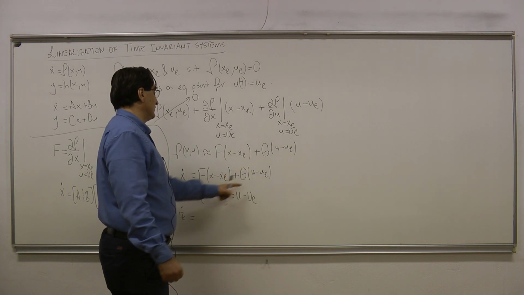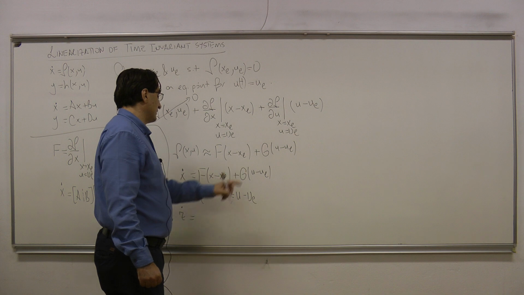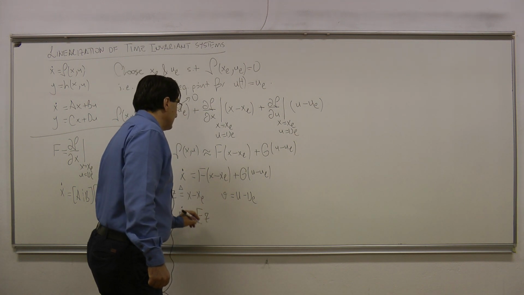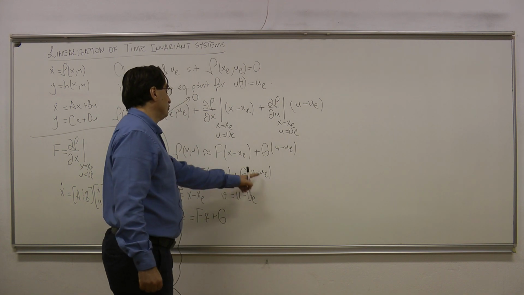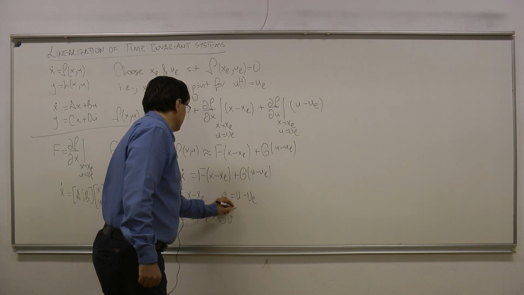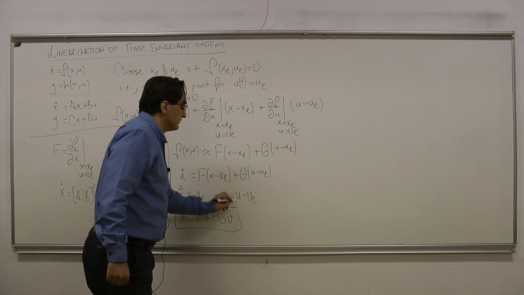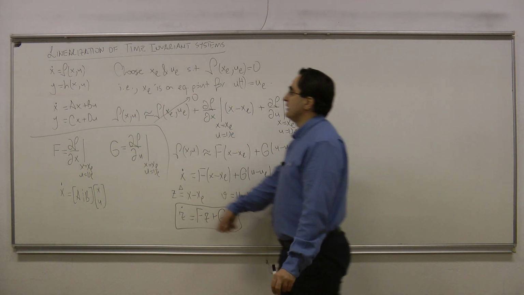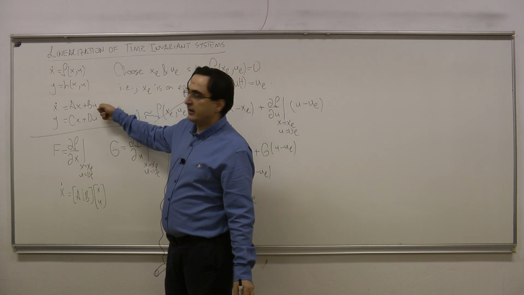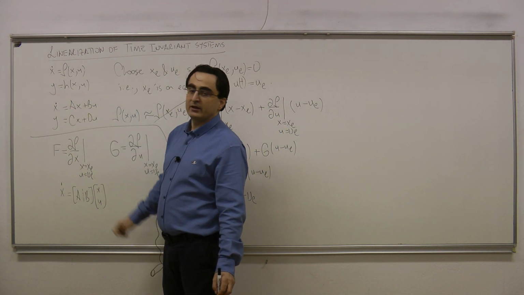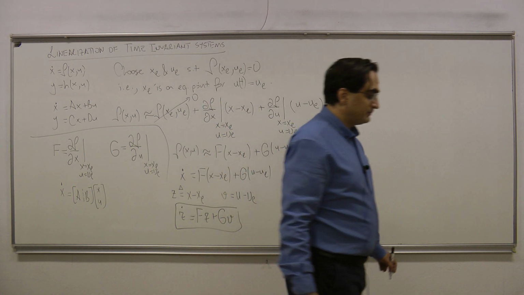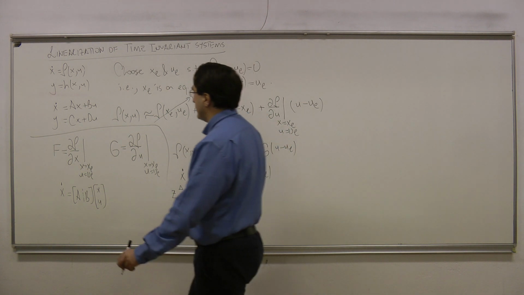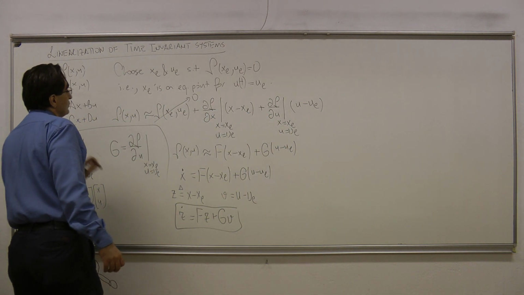That means that it is going to be equal to the right hand side here. It is going to be F times x minus xe, which is z, plus g times u minus ue, which is v. So this is our linearized state equation. And you see that it is exactly in the form given like this, except that we use new state and input variables.